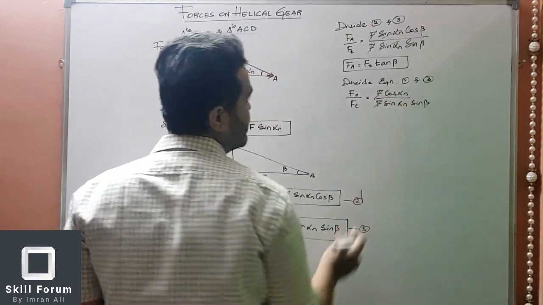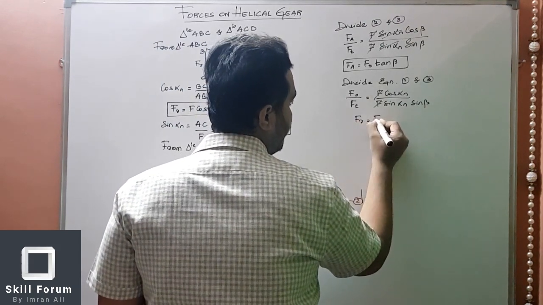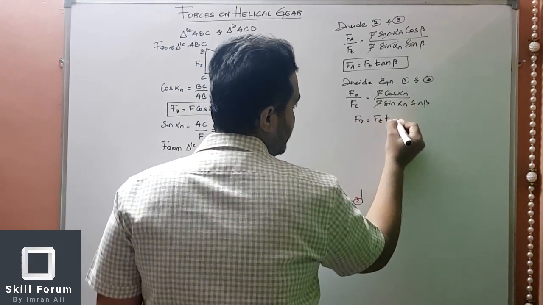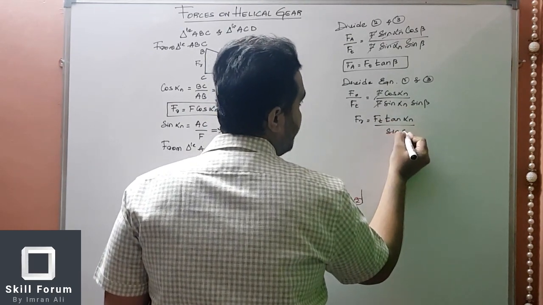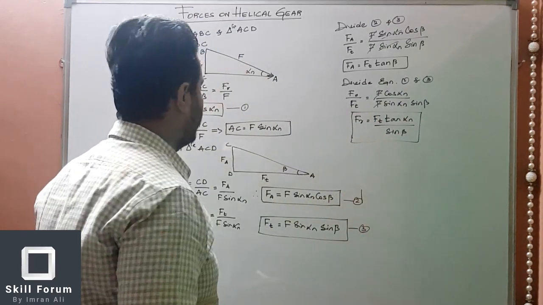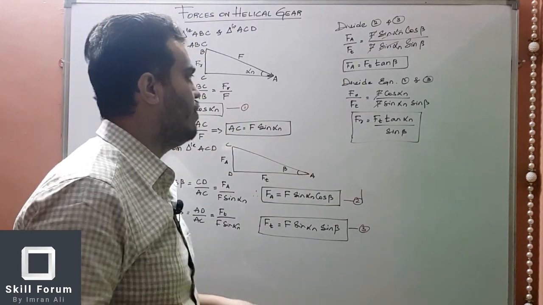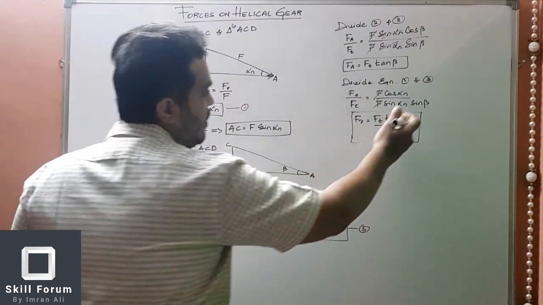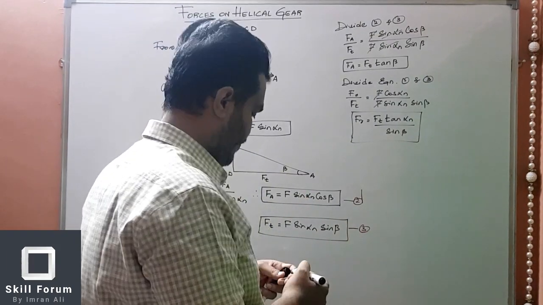So F gets cancelled. What is cos by sin? That is FR is equal to FT into tan alpha n divided by sin beta. So this is the equation for radial force. So you can use either this or this, okay, you will get the same value. So here we are going to consider both pressure angle as well as helix angle, right.